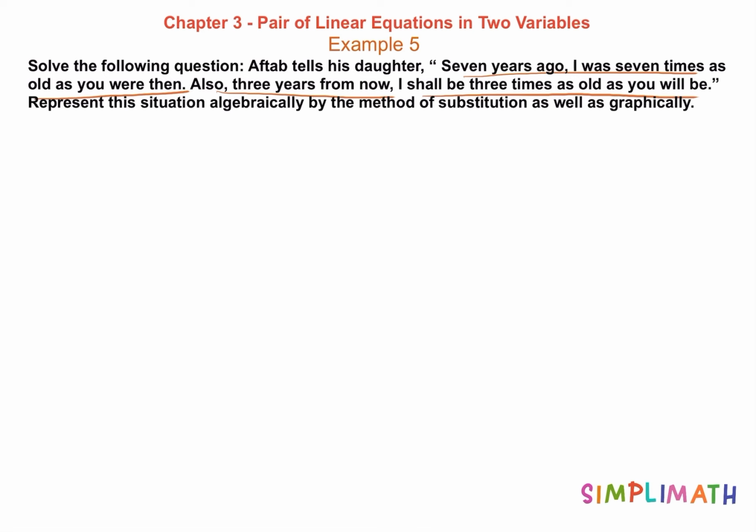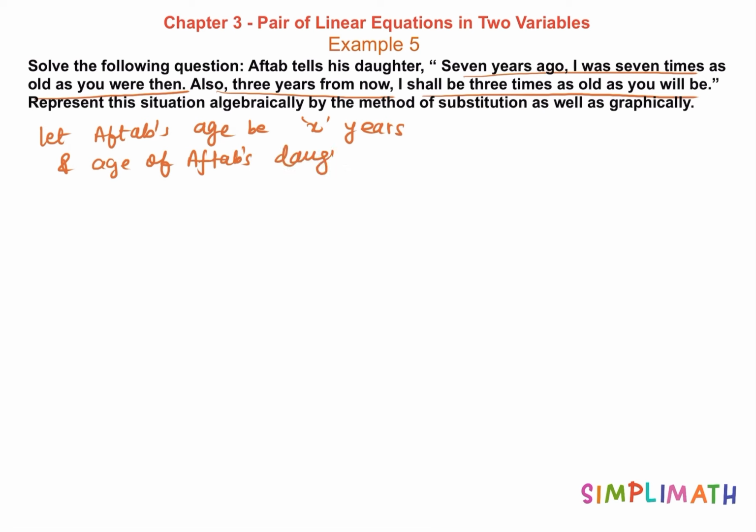So we have to use the method of substitution and we have to use the graphical method to solve our question. Now let us see how we have to proceed. Now let Aftab's age be X years, and age of Aftab's daughter be Y years, right?